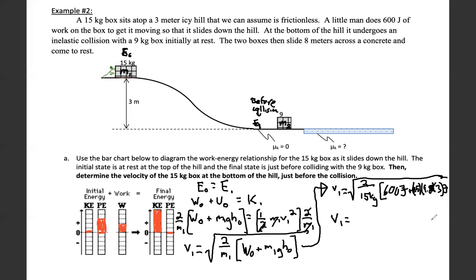Okay, so this comes out to be 11.7813 meters per second, which we would just report as V1 is approximately, these are really just given to 2 significant digits.